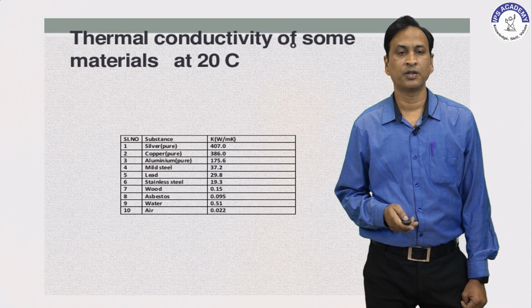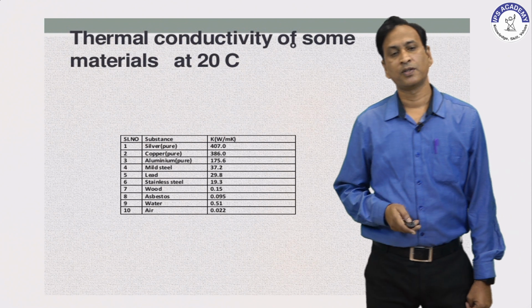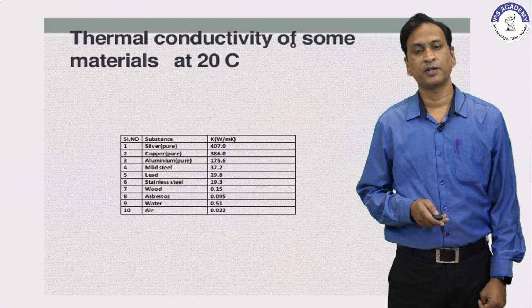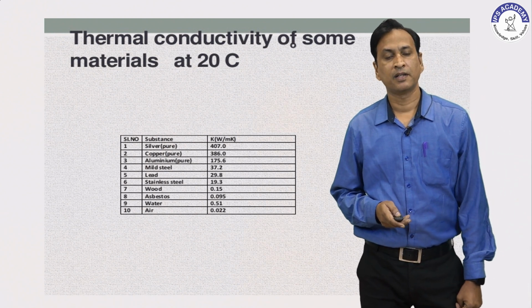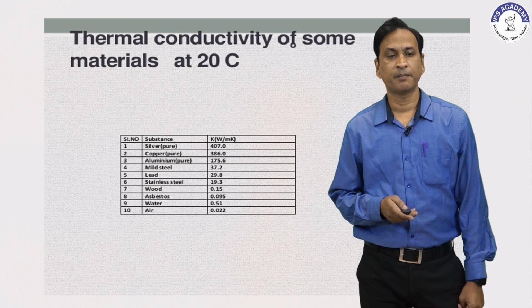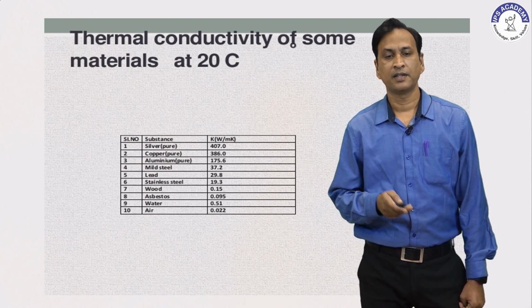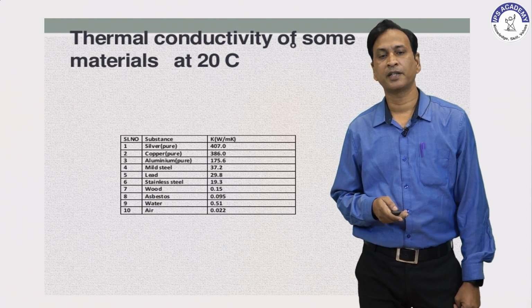Thermal conductivity of some materials at 20 degrees Celsius: silver has the maximum, 407 watt per meter Kelvin. Similarly copper, aluminium, mild steel, lead, stainless steel, wood, water and air. The values are in units of watt per meter Kelvin.